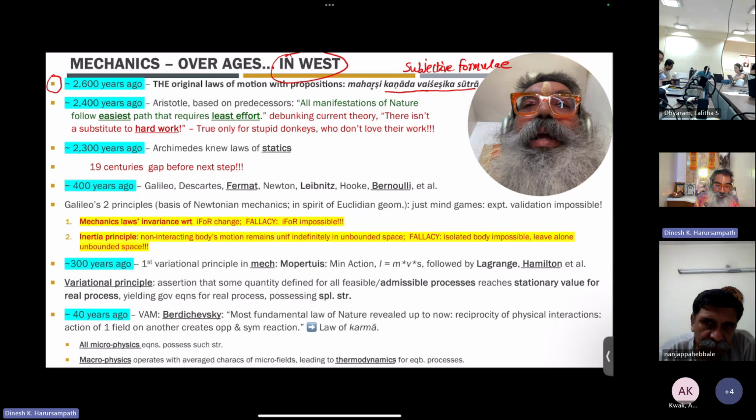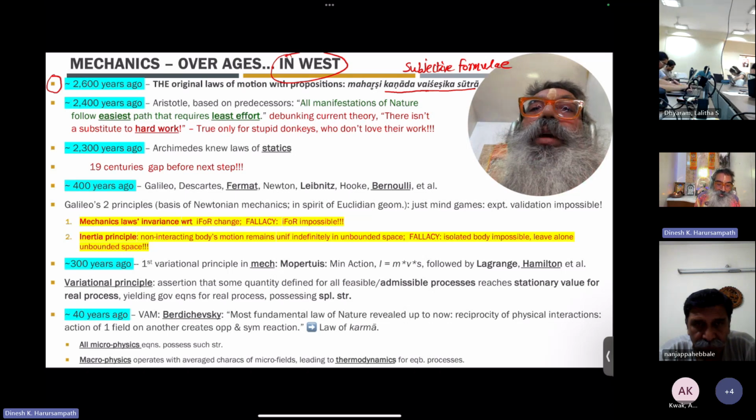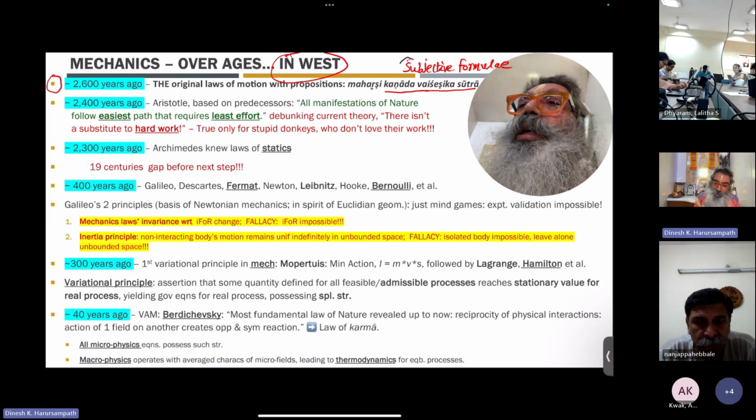And I said it then, and I repeat now, that a lot of things that we study as part of dynamics of so-called inanimate or insentient beings or bodies or even particles have a carryover to life itself, in terms of life dynamics of an individual and of the society and of the globe and the universe as well.